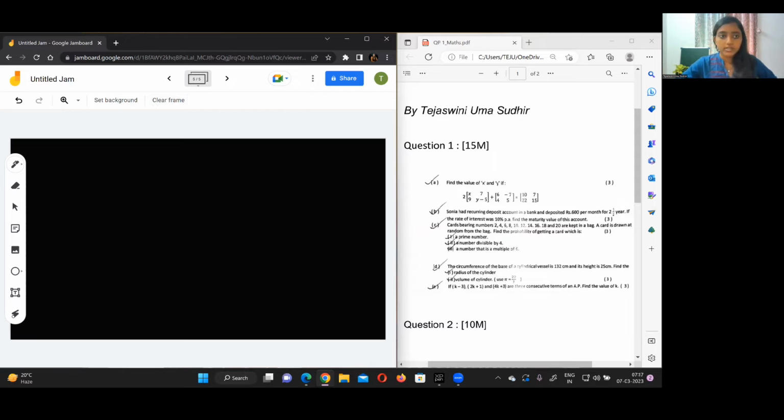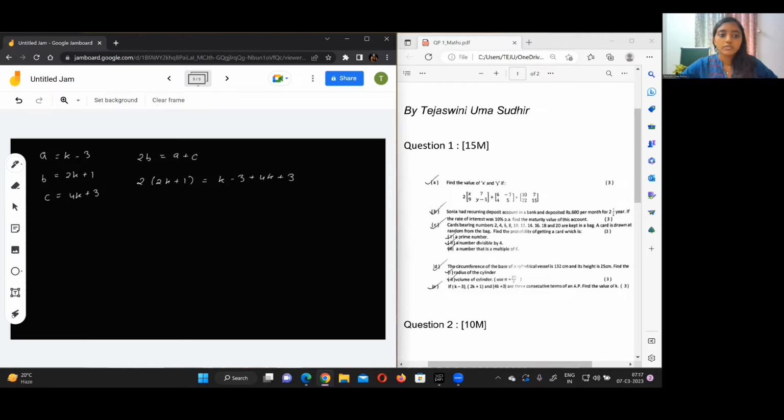So in this case, A is equal to k minus 3, B is equal to 2k plus 1, and C is equal to 4k plus 3. So what we do is 2B is equal to A plus C. So we say 2 into 2k plus 1 is equal to k minus 3 plus 4k plus 3.